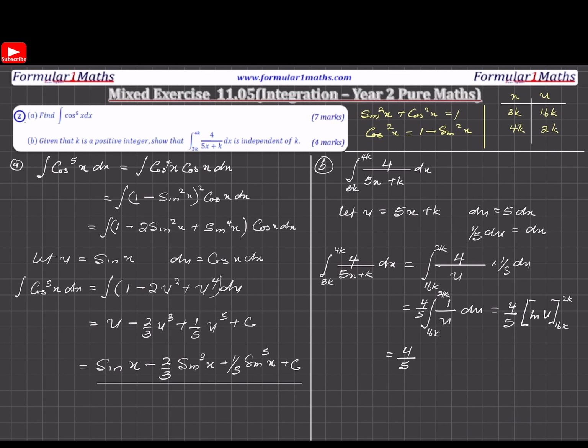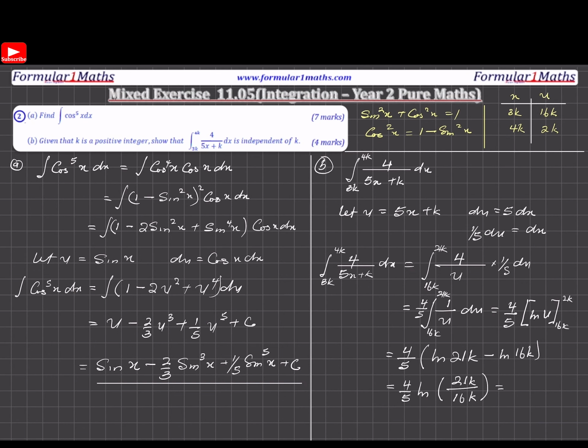4/5 ln 21k minus ln 16k. This can be written as 4/5 ln 21k over 16k.